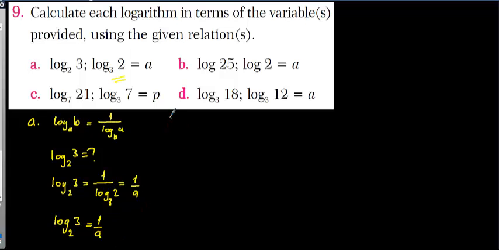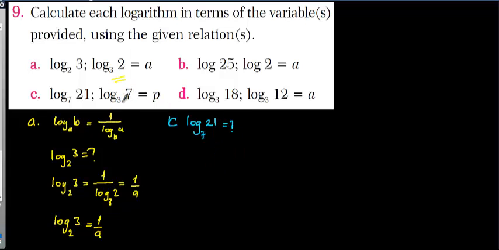Okay, then b and d, we solved this type of question, so I'm going to solve c. Logarithm base 7 of 21 is equal to what?